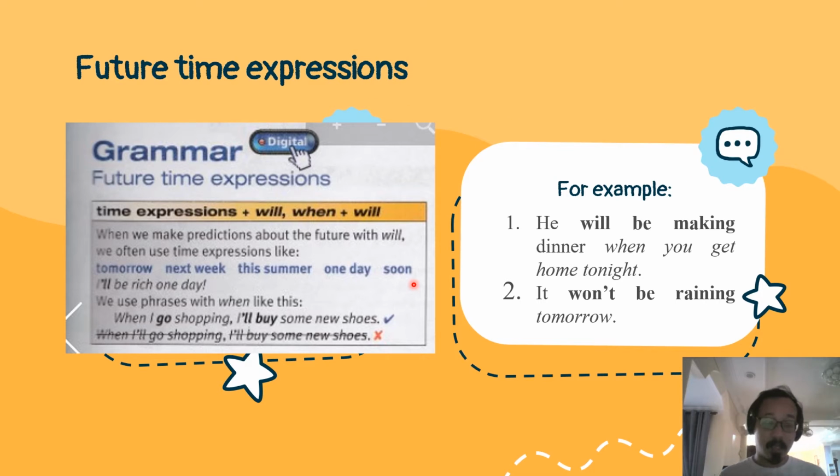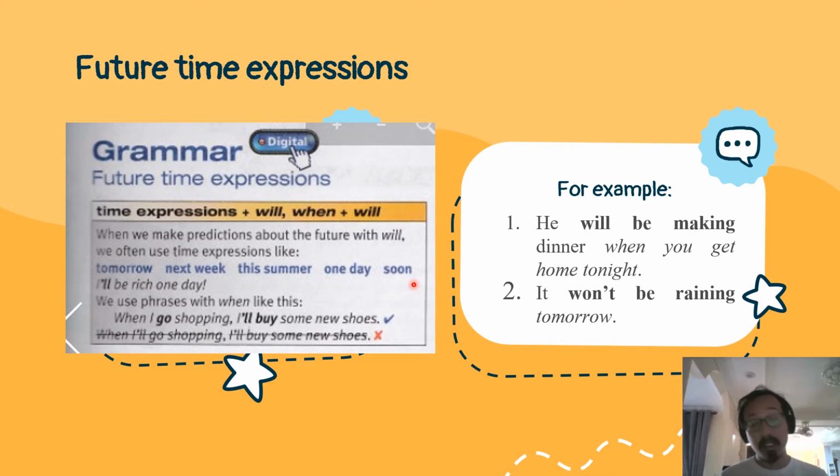Some examples of time expressions are tomorrow, next week, this summer, one day, or soon. So you know at what time that event is going to take place. You use time expressions and then you combine them with will. And if you want to make a prediction, you go with when plus will.